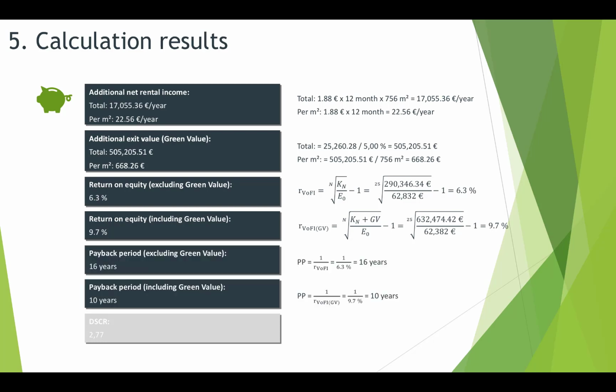This leads us to a different KPI, the so-called payback period. It shows us how many years it takes the investor to fully get his equity portion paid back. So, in our case, it takes around 16 years until the initial paid equity share is repaid.